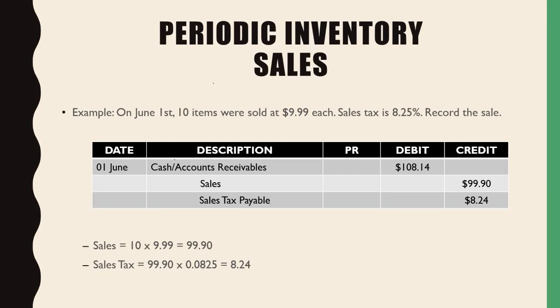$108.14. So again, in real life, if you are the store and you're collecting the money, are you going to pay for your item separate from your sales tax when you're the customer? No, you just give them the money the way it is.